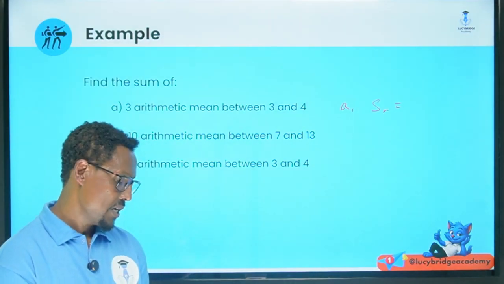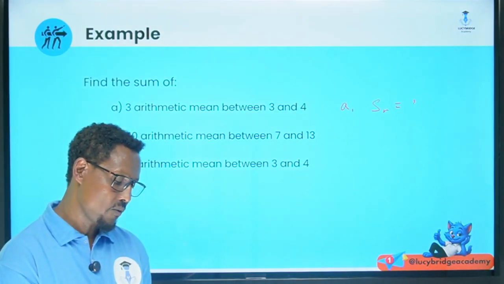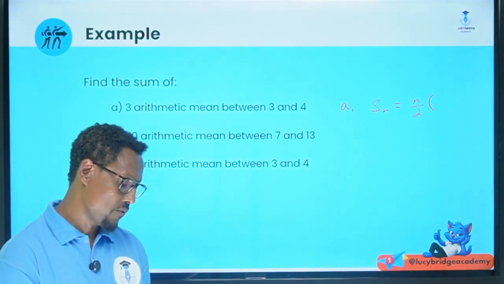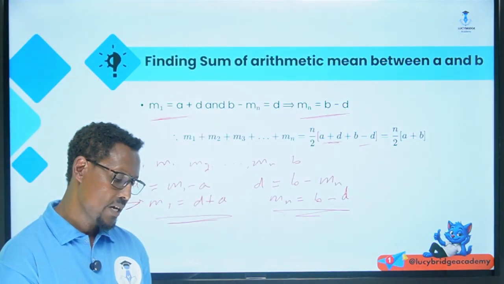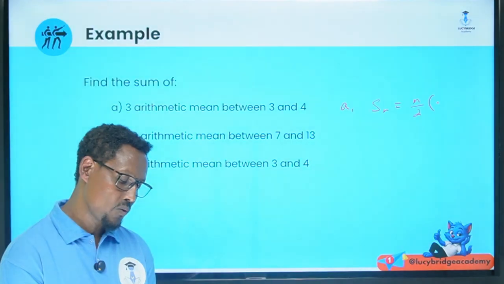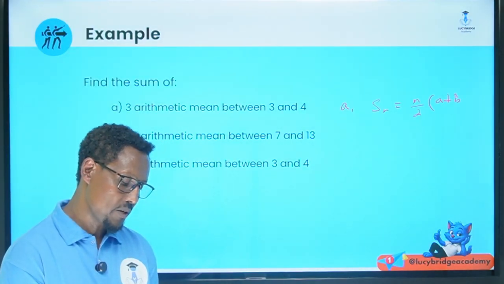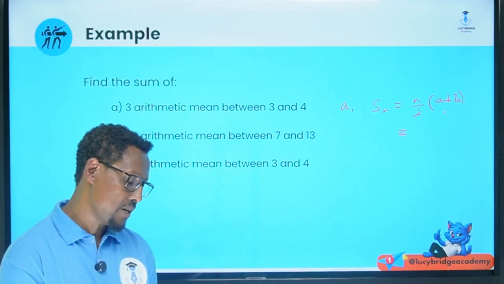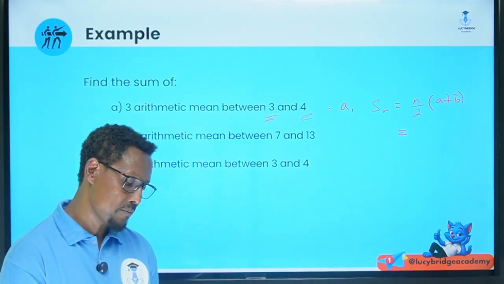This means Sn is equal to n over 2 times A plus B. Our formula here works like this: n over 2 times A plus B, where A and B are the first and the last term.